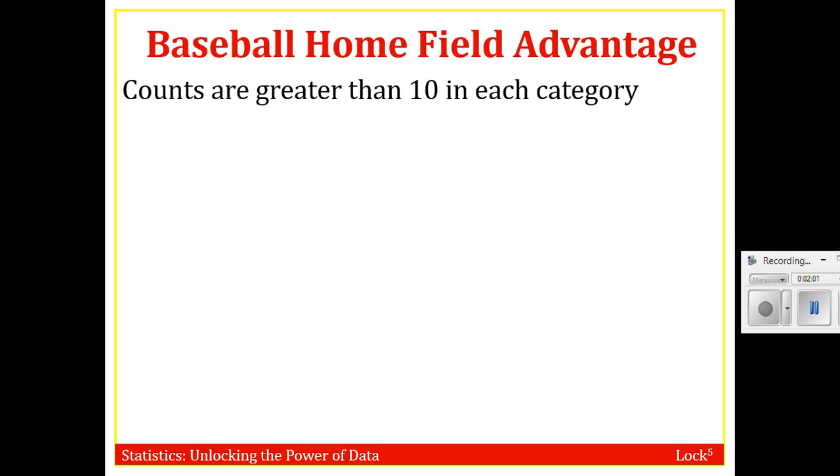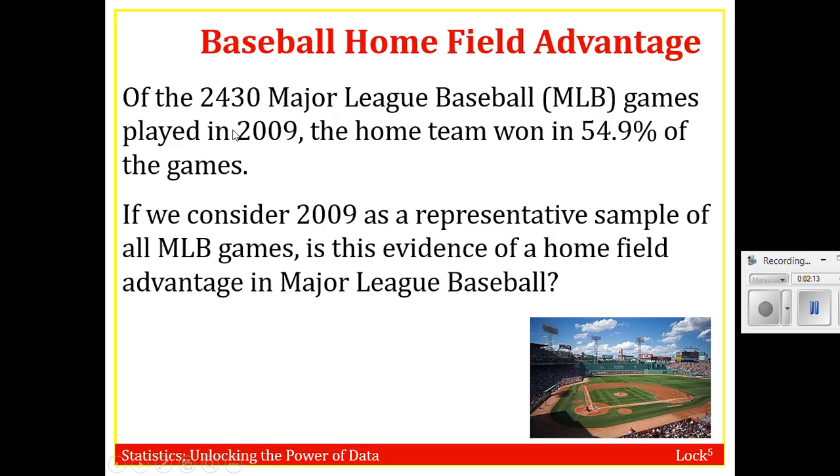So, the counts are greater than 10, because you need to have at least 10 that were successes and at least 10 that were failures. If you think back here, you could go ahead and take 2,430 and multiply it by 0.549, and then you could go 2,430 times 1 minus 0.549, and they're each going to be greater than 10.